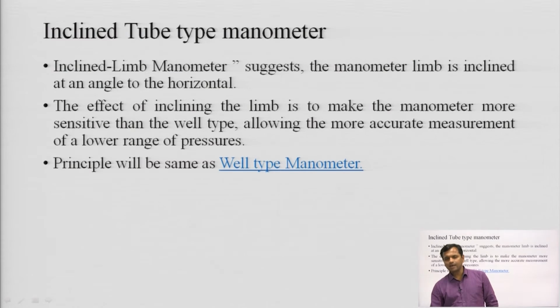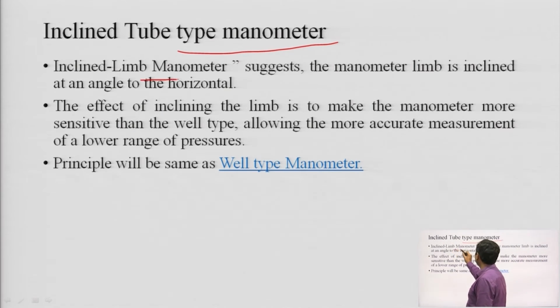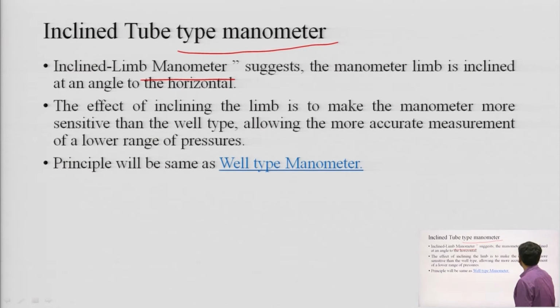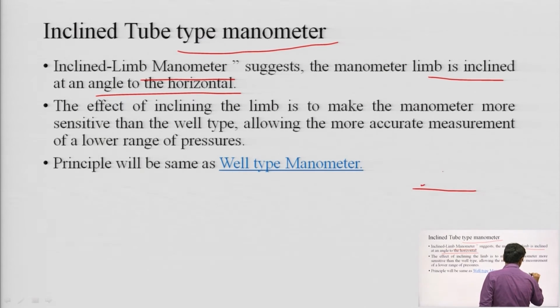Now, on the same path the inclined tube manometer works. The inclined limb manometer is the manometer in which the limb is inclined at an angle to the horizontal. So, the second column will be inclined, making some angle to the other one.